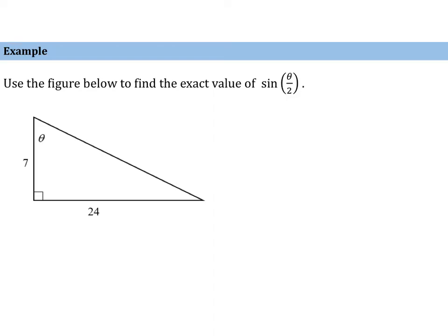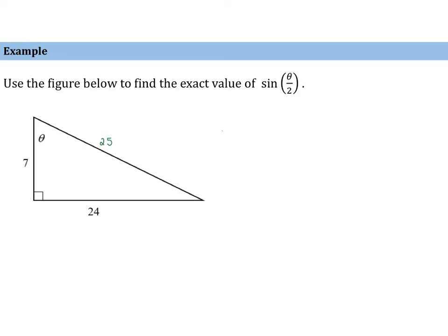Now you might recognize that this is a 7, 24, 25 right triangle, or you could use the Pythagorean theorem and determine the missing side by using a squared plus b squared equals c squared. So 7 squared plus 24 squared would equal 625, and the square root of 625 is 25.